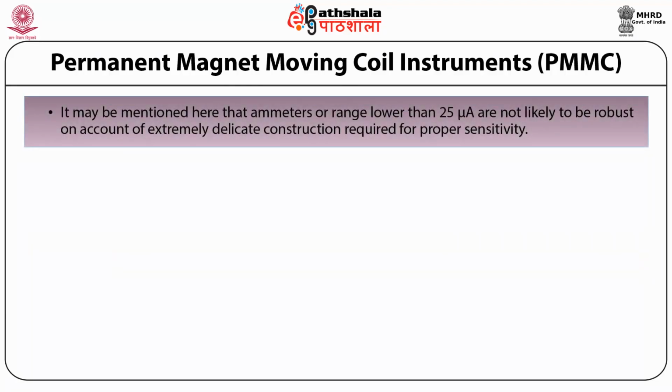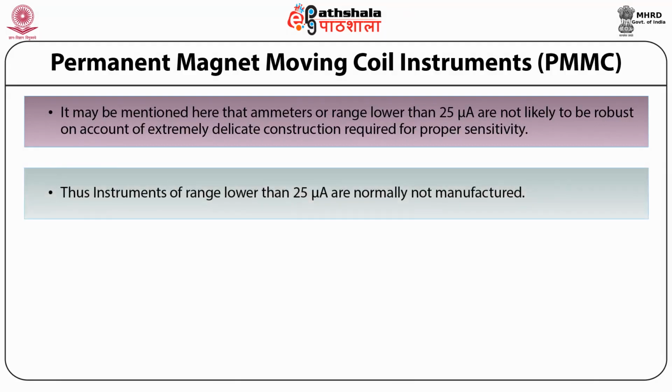It may be mentioned here that ammeters of range lower than 25 microamperes are not likely to be robust on account of extremely delicate construction required for proper sensitivity. Thus, instruments of range lower than 25 microamperes are normally not manufactured.